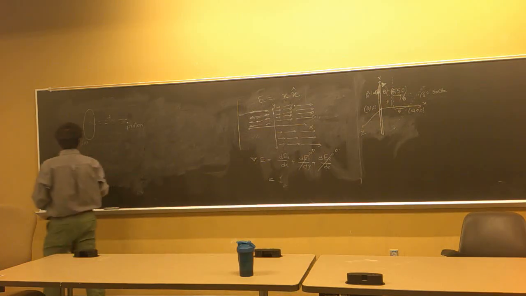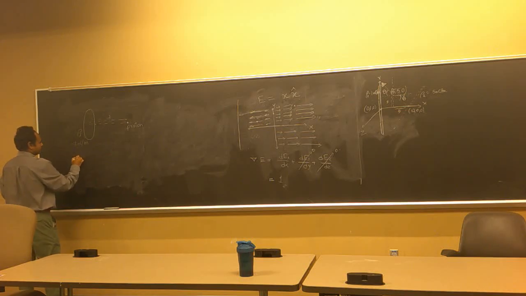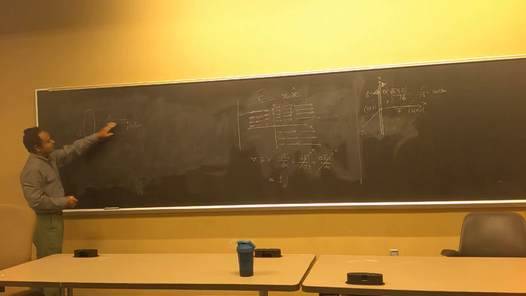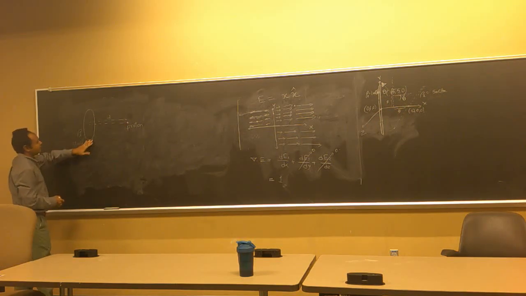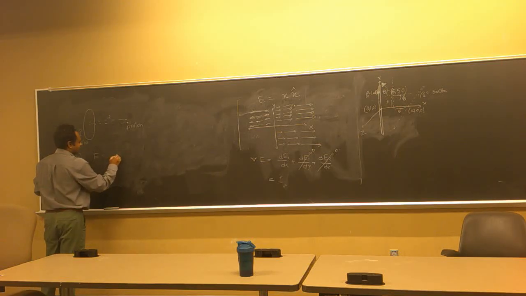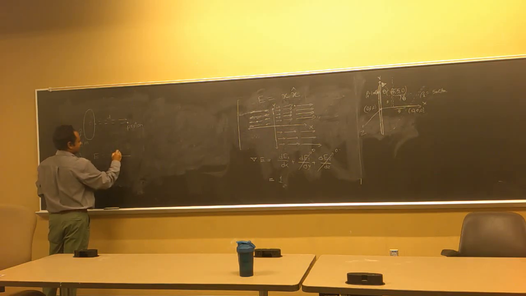In order to solve this problem, let us first try to find the electric field at this point P away from this circle of charge. So we know that if we have a circle of charge, then the corresponding electric field would be given by this formula.